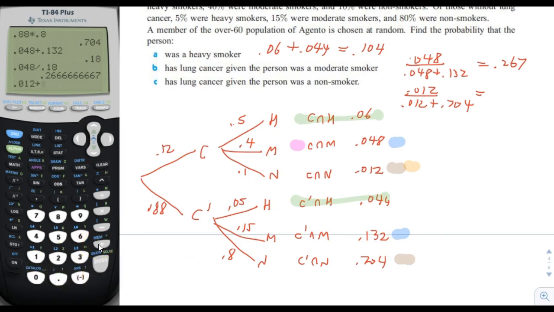That would be the denominator, and the numerator would be 0.012, divided by the denominator, 0.0168. Okay, and yes, that's correct. That's it.